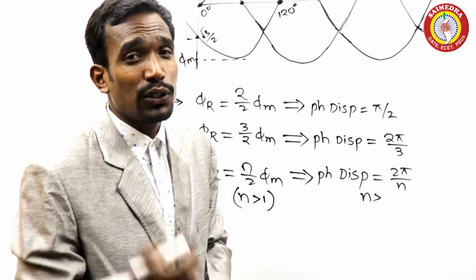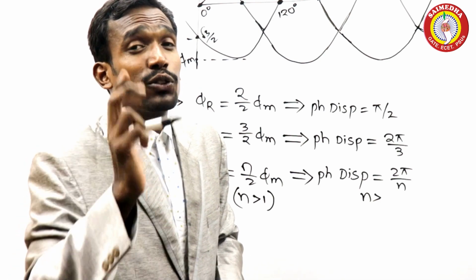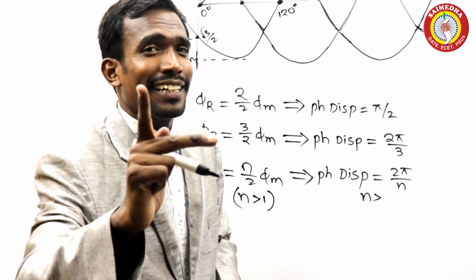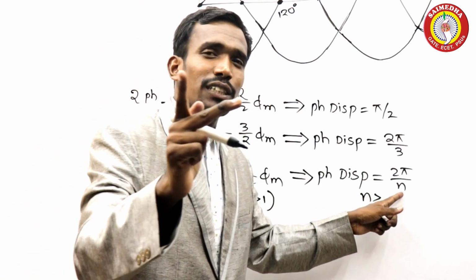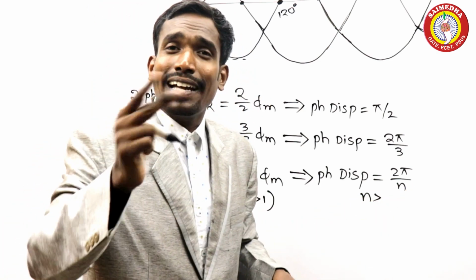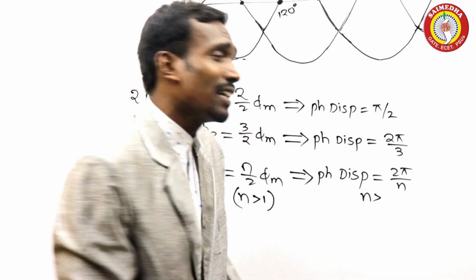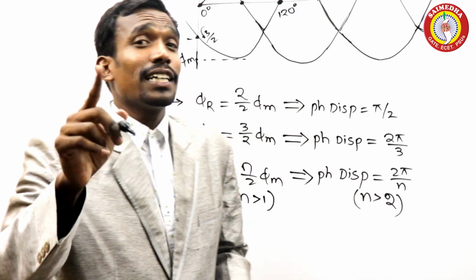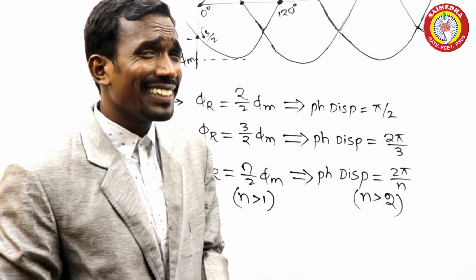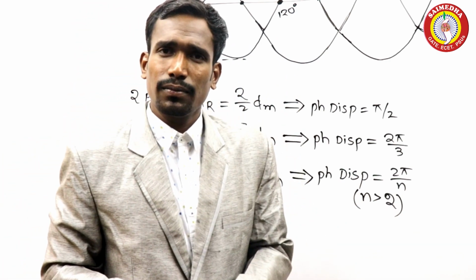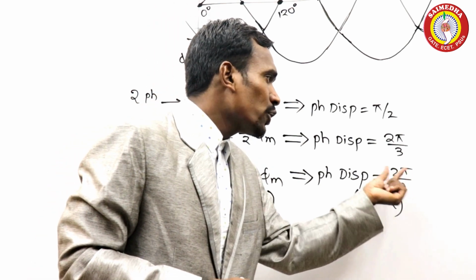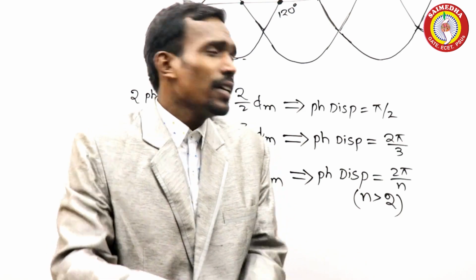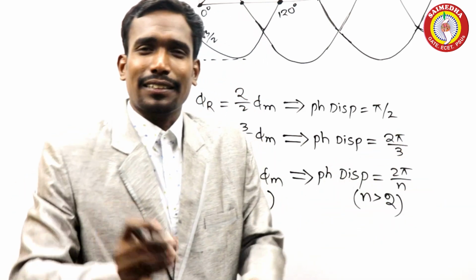For a 2-phase system, I told you the phase displacement between two phases is 90 degrees. But using this formula, it gives pi radians. That is 100% wrong. That's why n should be greater than 2, nothing but 3. If n is 3, 2 pi by 3, 100% correct. If n is 7, 2 pi by 7, 100% correct.